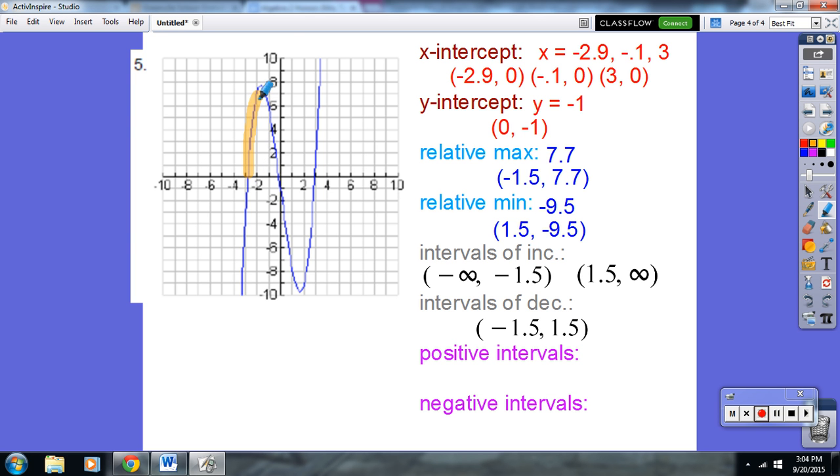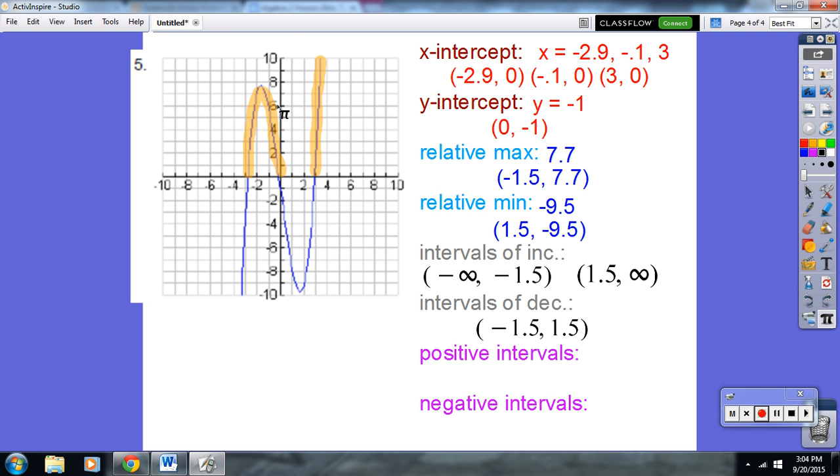So this part of the curve has all positive y values, it's above the x-axis. And this part of the curve has all positive y values as well. So when I name my positive intervals, I'm going to have two because I have two pieces of this curve above the x-axis. And again, I'm using the x values to describe the intervals.